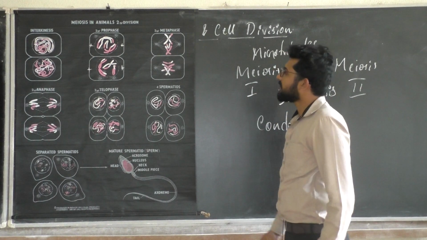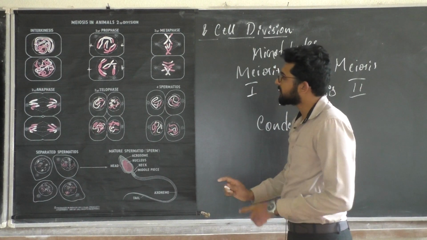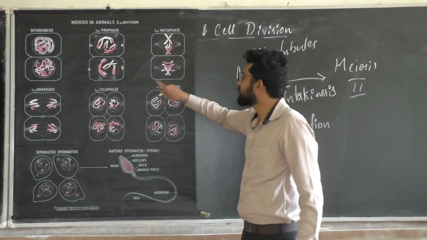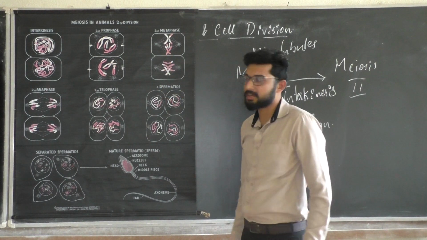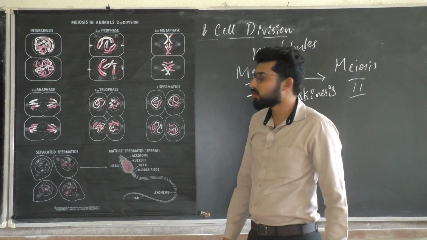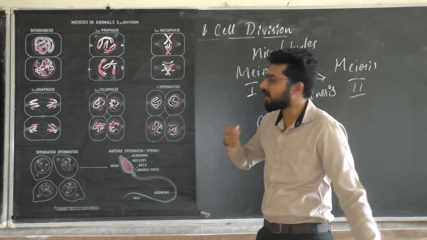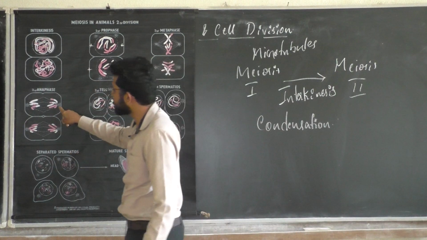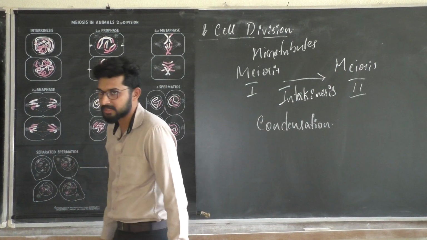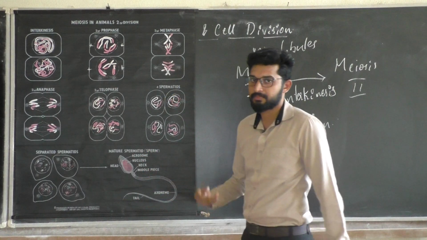After the metaphase plate, the centromere undergoes division, and after division each centromere will be pulled apart to the successive poles. The shape will be like a scissor.